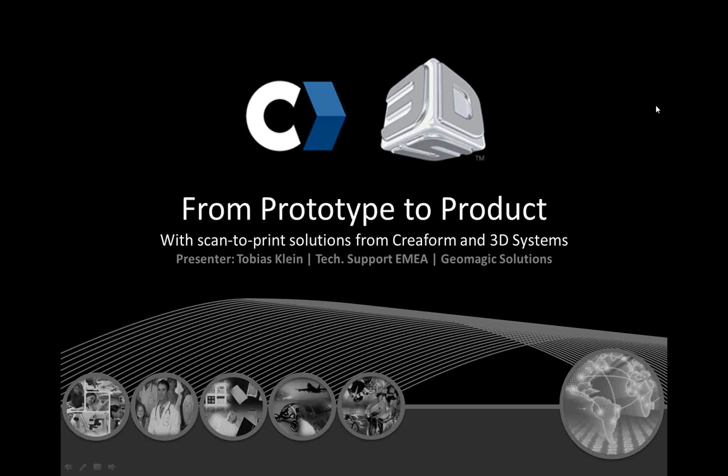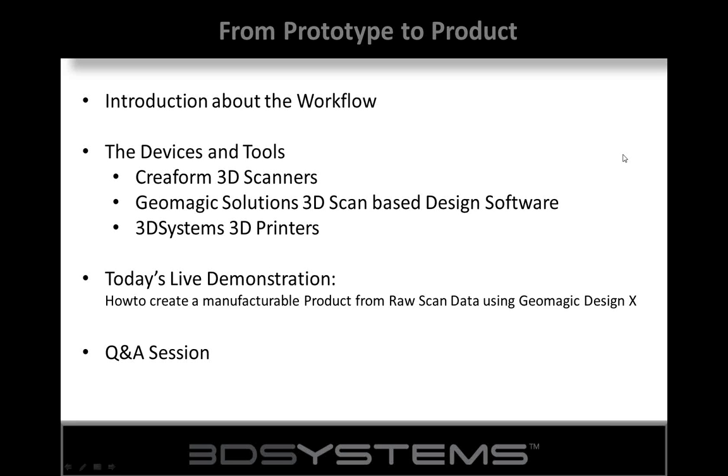Hello, I'm Tobias Klein, and I will show you the webinar From Prototype to Product. We cooperate in this webinar, Creaform and 3D Systems, and I will show you briefly what we will see. We will have an introduction about the workflow.